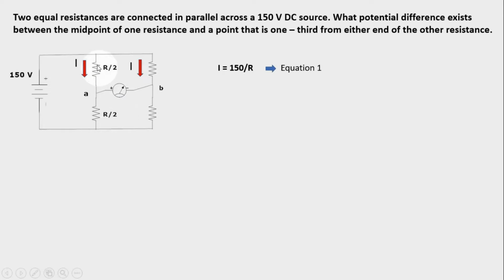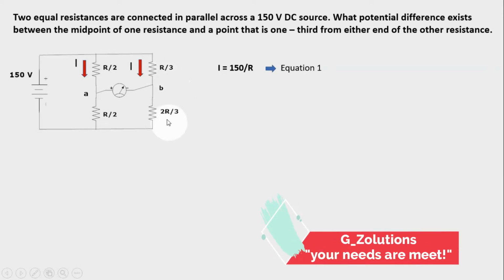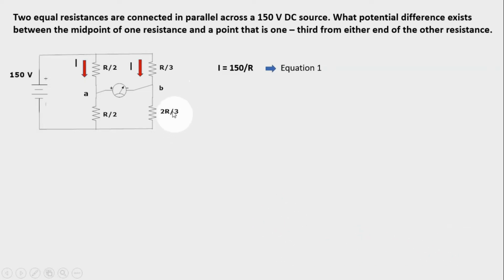So again, since we are considering the midpoint of this branch, we divide R by 2, so the other resistance is R over 2 to make it R. So R over 2 plus R over 2, that is R, and the other one is 1/3, so we get R over 3, and to have it equal to R, you just subtract R over 3 from R, so you get 2/3 R. Okay, and then this is our point A, B, and we assign C and D there, for us to have a clear loop for our Kirchhoff's voltage law.